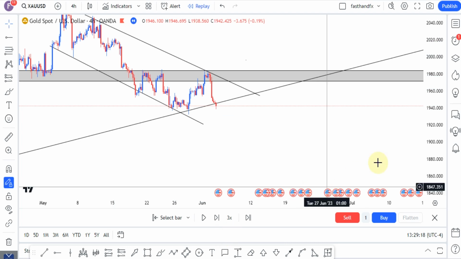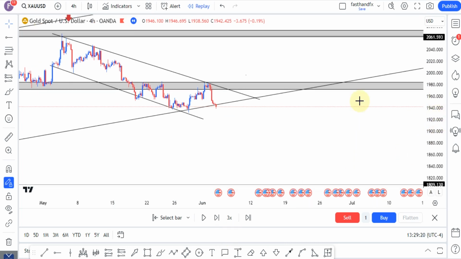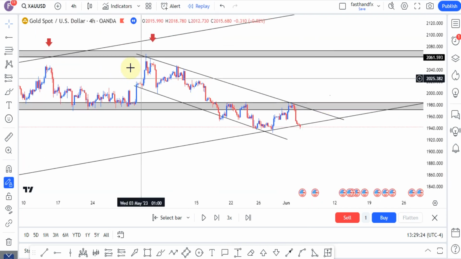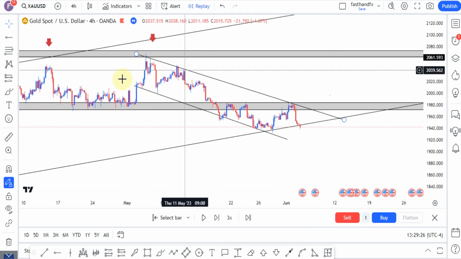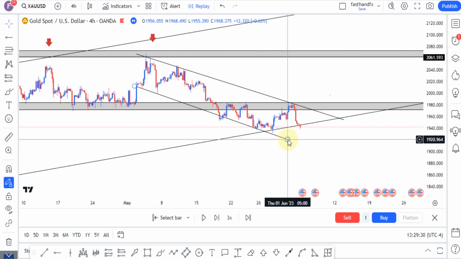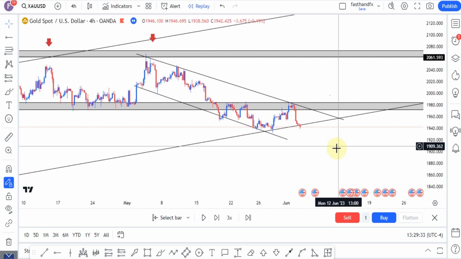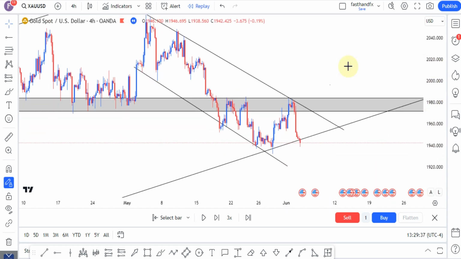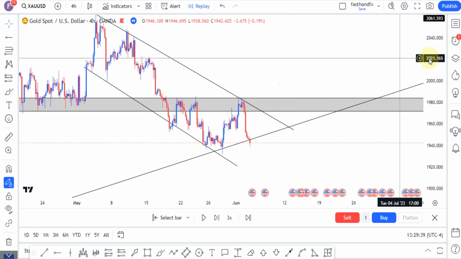So the market did play out as we expected it to play out. See, it did respect these areas, these correction trend lines. See, the market came all the way down here to give us that bigger correction.